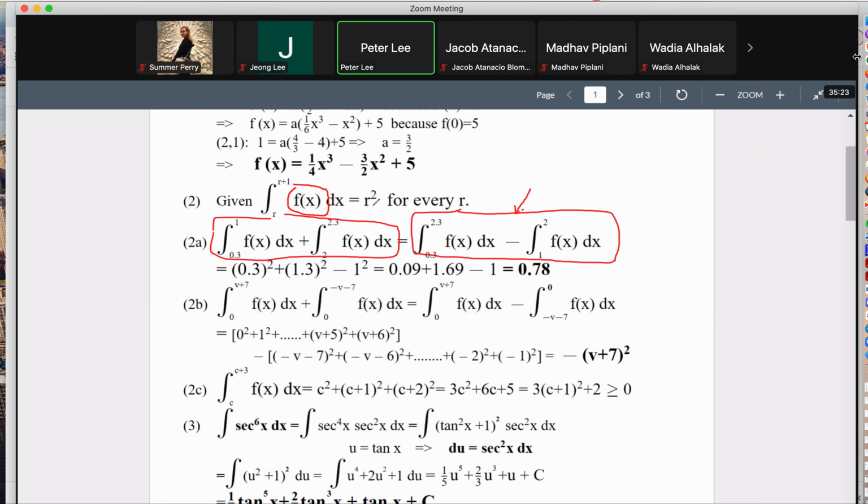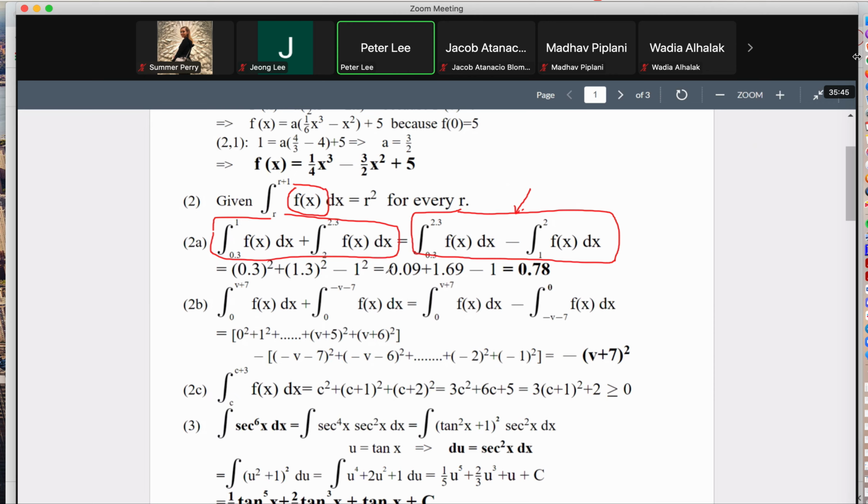but this is a property of the function. By the way, there's a way to find what this f of x is. After this class is over, why don't you try to figure out what this f of x really is? There's a way to actually find it, but I'm not going to do that for you.